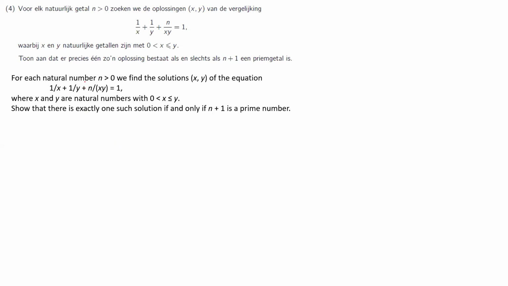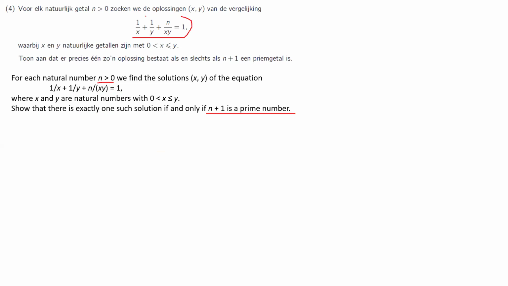For each natural number n bigger than 0, we find the solutions x, y, where 1 over x plus 1 over y plus n over x y is 1. And we have to prove that there's exactly one such solution if and only if n plus 1 is a prime number.